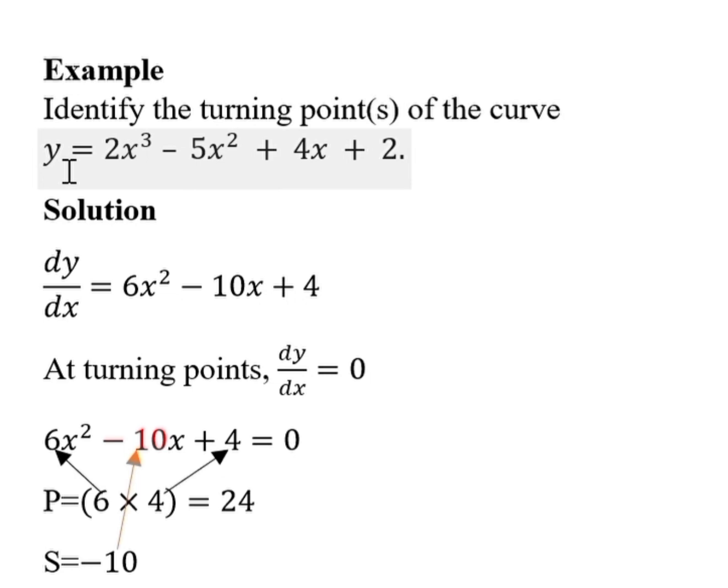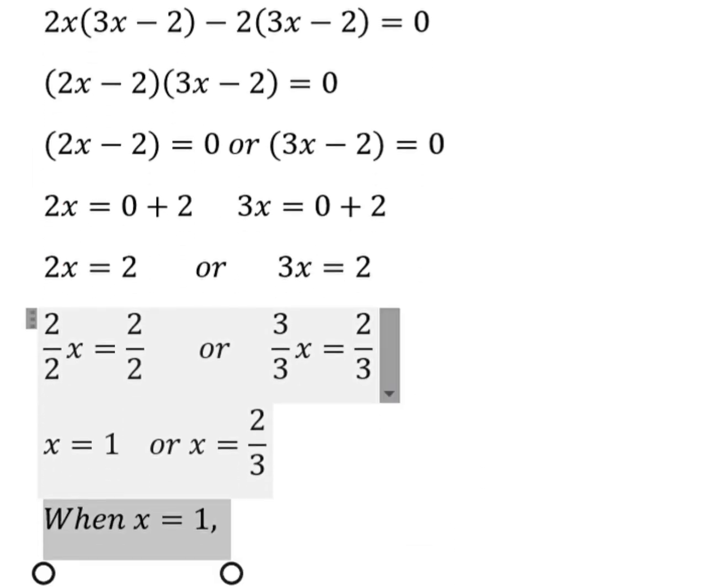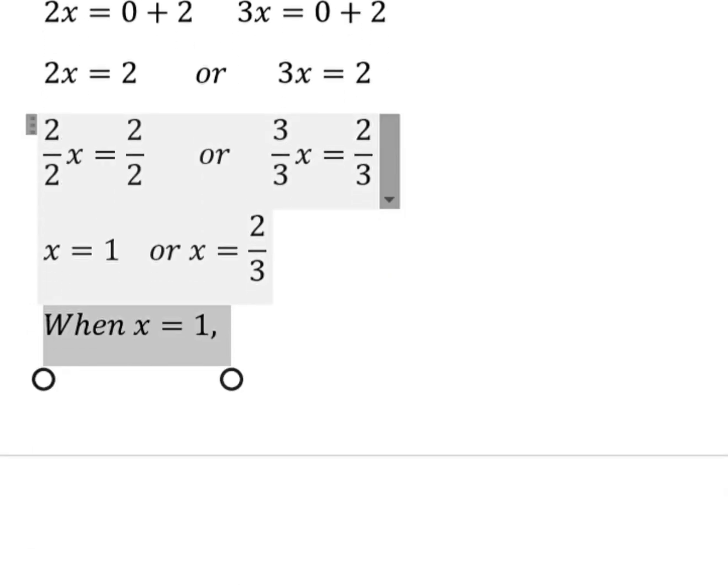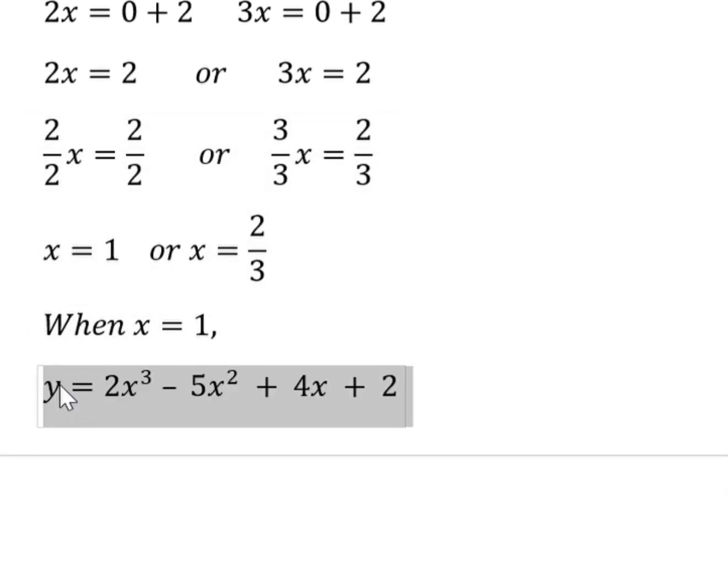And that's the same thing we shall do when we shall be getting the y coordinate for x is equal to 2/3. So for this first one, we shall say y will be equal to, this is the equation that I've just pointed up here. So substitute these ones with 1, so we shall have 2 into 1 cubed minus 5 into 1 squared plus 4 into 1, then plus 2.